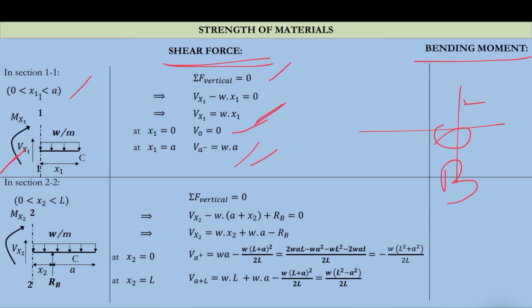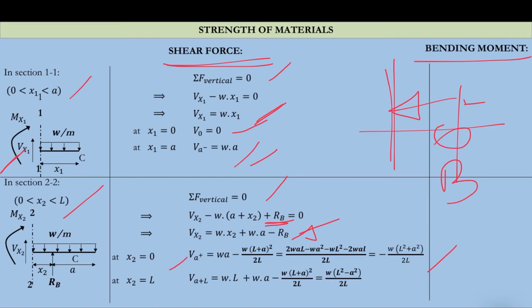Now we have crossed the support B and we are taking a section anywhere between A and B. For that, the distance x2 that we take will vary from 0 to L. Again we do the same thing: the summation of vertical forces will be 0. Now this extra force RB will also come.